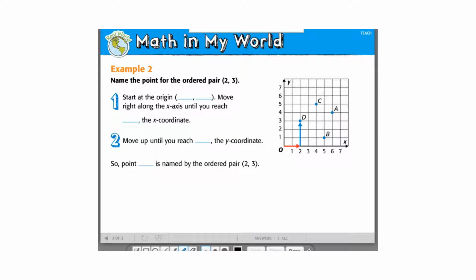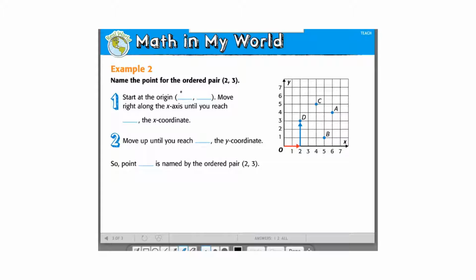All right, example number 2. Name the point for the ordered pair 2, 3. So again, this time they've got a whole bunch of points that are already plotted there, and you have to go through and find which one is at 2, 3. Like, which letter is the point that goes at 2, 3.